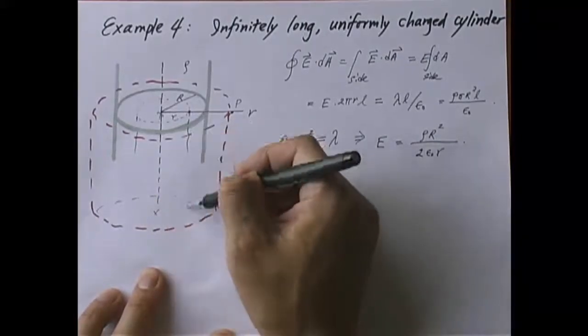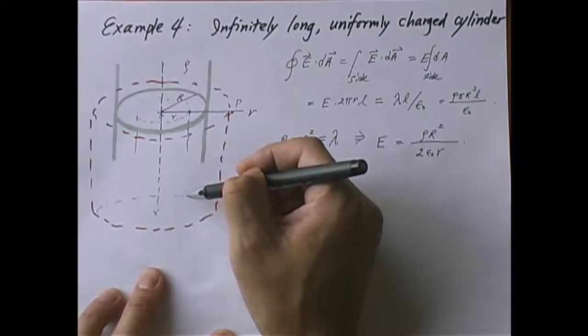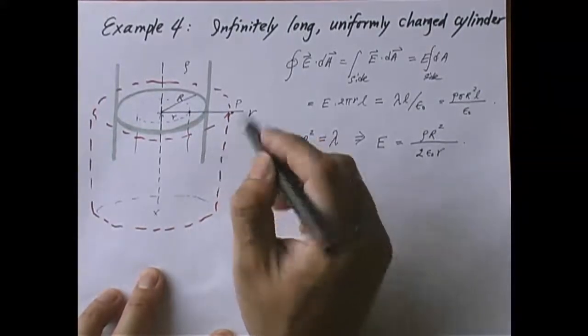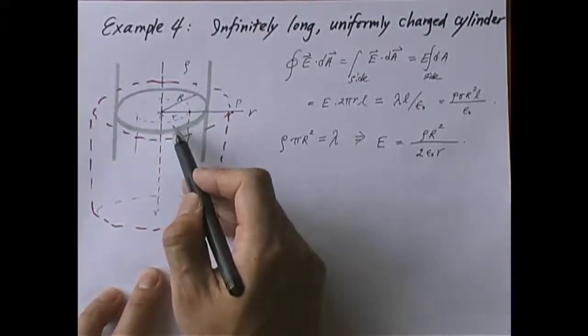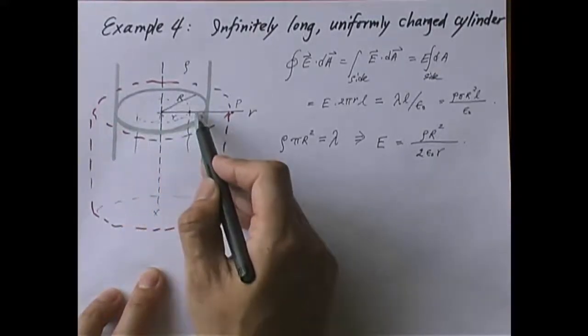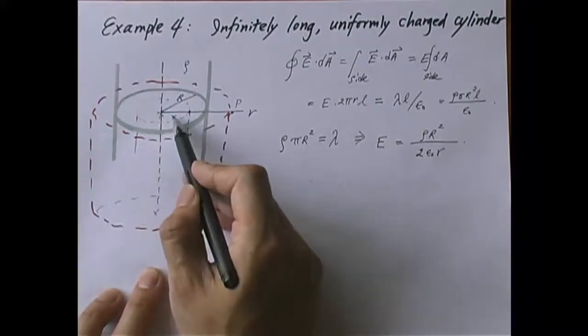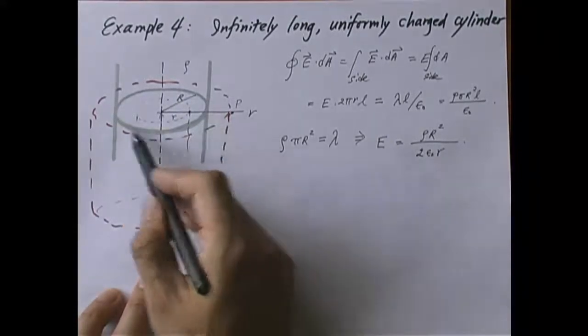Well, these two regions are both cylindrical with the same length, which is L. So as far as the volume is concerned, the ratio of the smaller volume over the larger volume is just a ratio of the cross-sectional areas, okay? The cross-sectional areas, pi small r squared divided by pi big R squared.